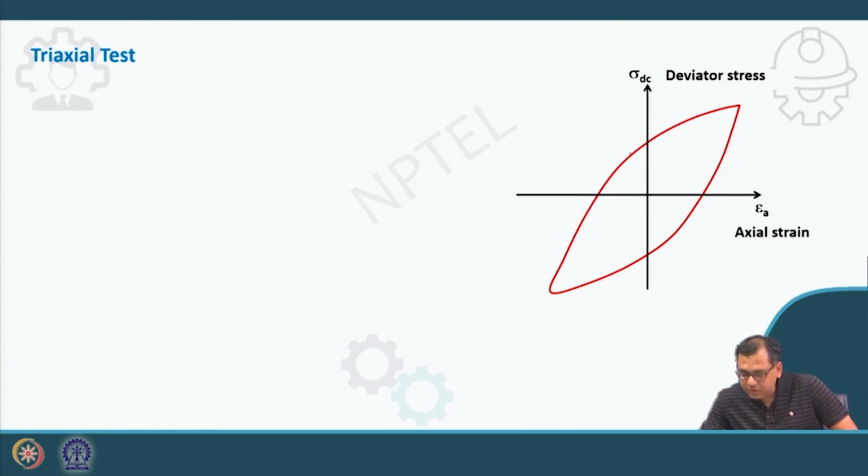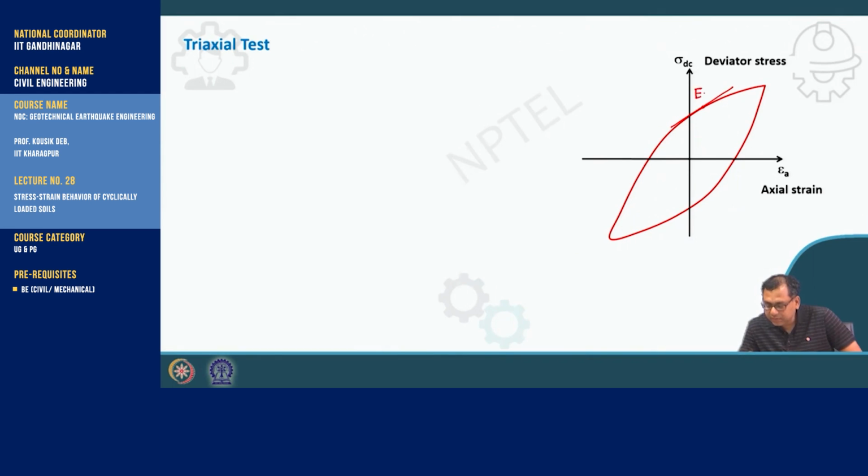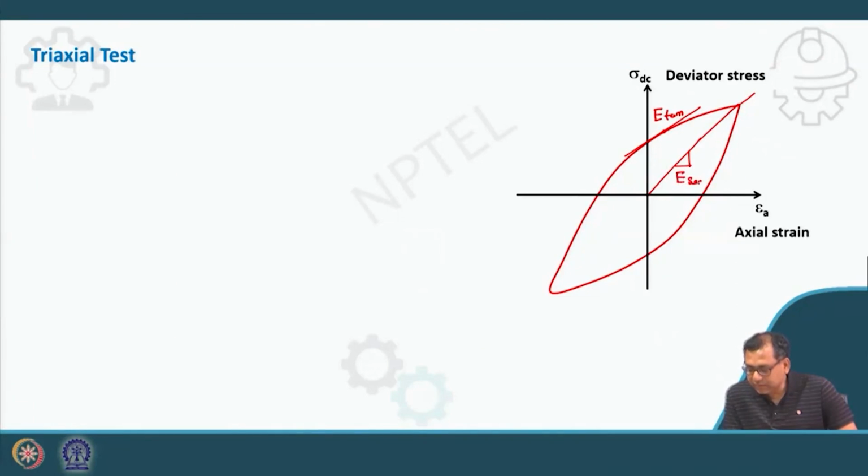Here also your elastic modulus changes at every point on the loop. So you can take the average elastic modulus, and that is E sec.